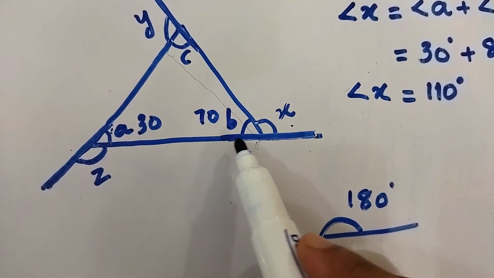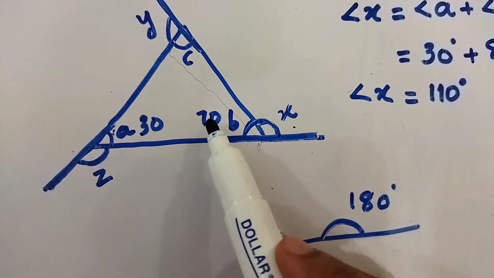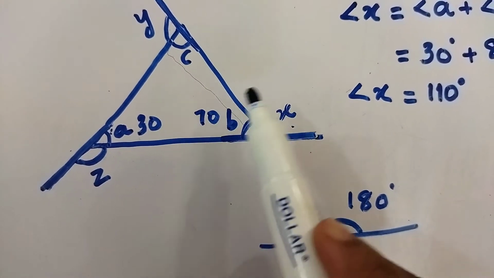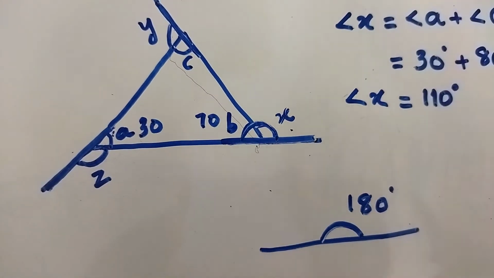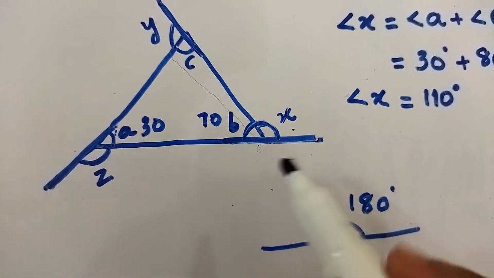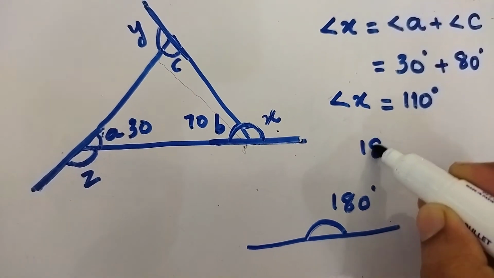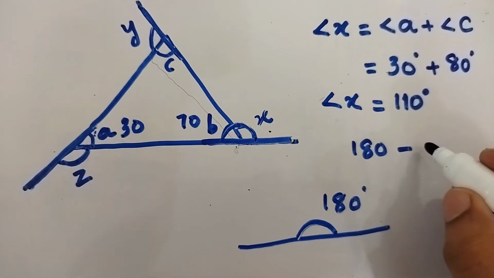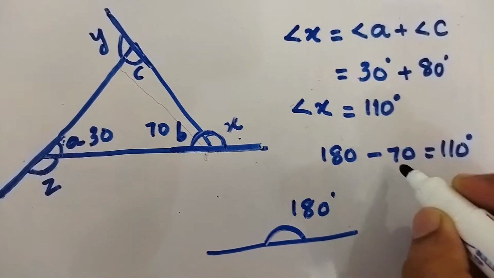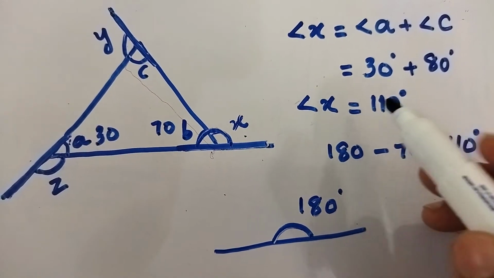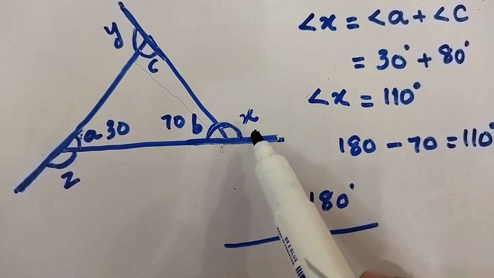So if this is equal to 180 degrees and we know the interior angle, we know that the exterior angle will be the difference of 180 degrees and 70 degrees. That is also the same. 180 degrees minus 70 degrees is equal to 110. This is the verification of our answer, that we have found the value of the exterior angle correctly.